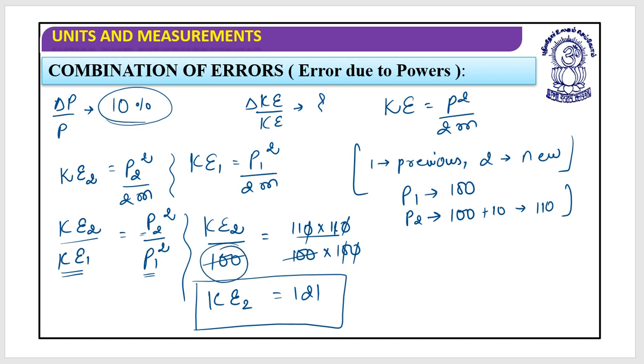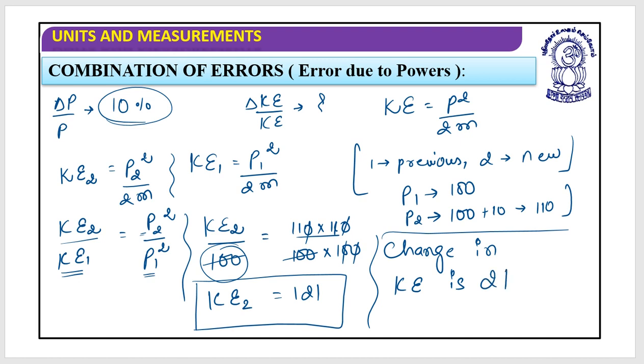So initially the kinetic energy was 100, so the change in kinetic energy is 21 percentage. Yes. So whenever a quantity has changed by more than 5 percentage, you need to use this methodology.